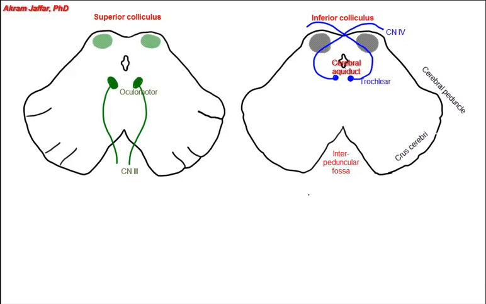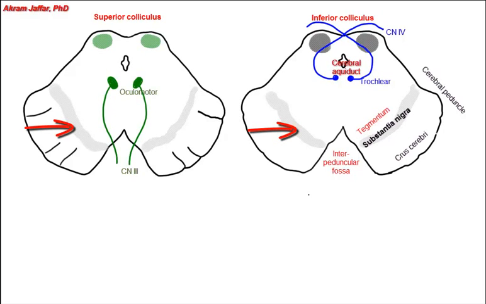Each cerebral peduncle is divided into an anterior part, called the Crus cerebri, and a posterior part, the tegmentum. This division is made by a pigmented band of gray matter called the Substantia nigra. The Substantia nigra is present at all levels of the midbrain, so we can find it at the level of the superior and inferior colliculus.